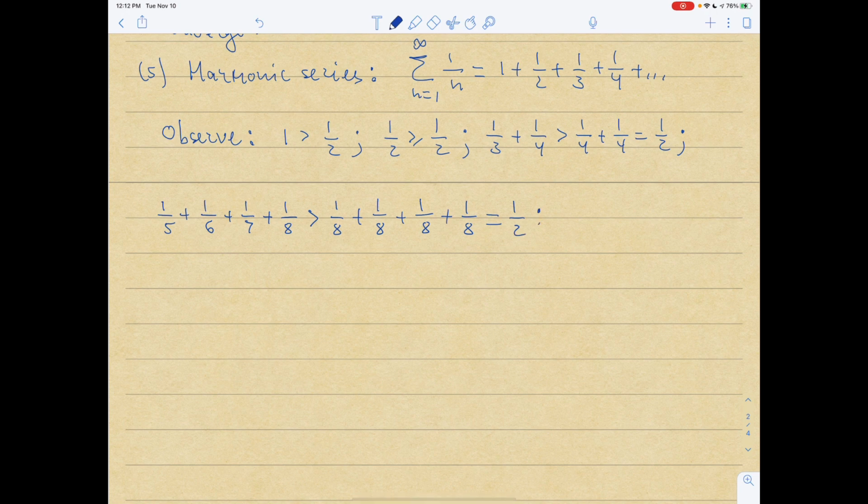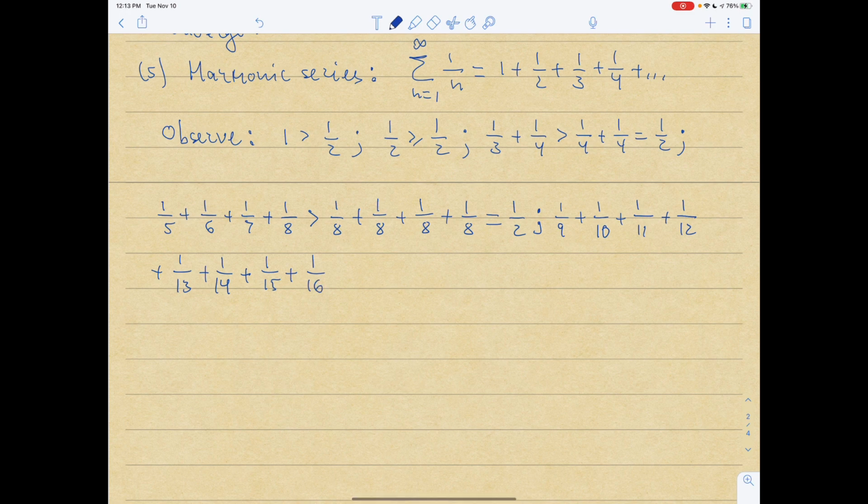And then the last observation here. The next 8 terms are going to be 1/9 plus 1/10 plus 1/11 plus 1/12 plus 1/13 plus 1/14 plus 1/15 plus 1/16.